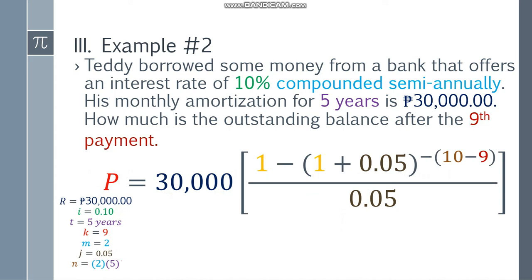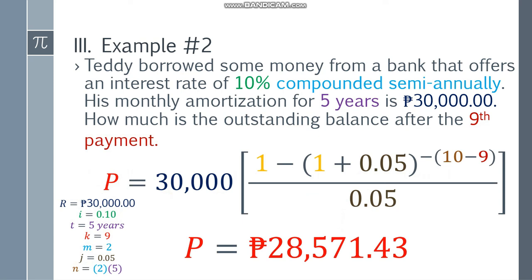Okay, so pag inilagay siya sa calcu, dapat as is ganito, may mga brackets. So, the final answer will be 28,571.43. So, yung outstanding balance niya, after the ninth payment, ay ito na lang, 28,571.43.